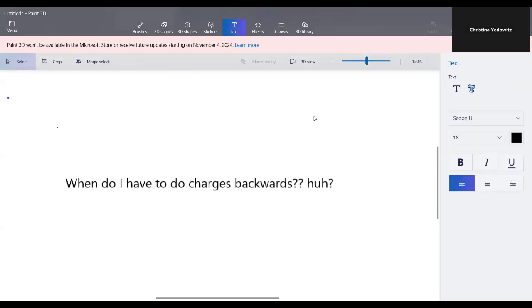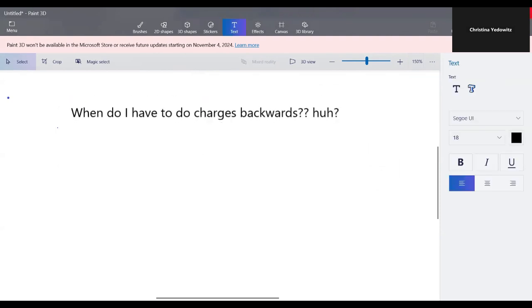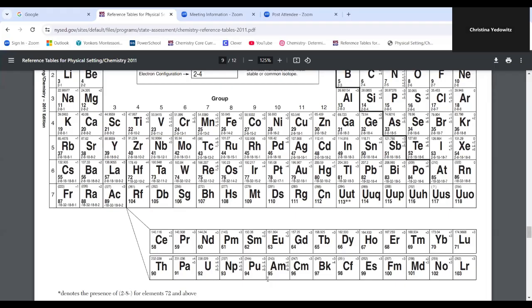So if I were to go back and take a look at the periodic table with the charges on it, which I sort of fundamentally disagree with giving to you because it only actually makes things more confusing. If I were to give you this table right up front, you've just got all these other things going on. And it's really hard to see when am I using certain charges and when am I not.